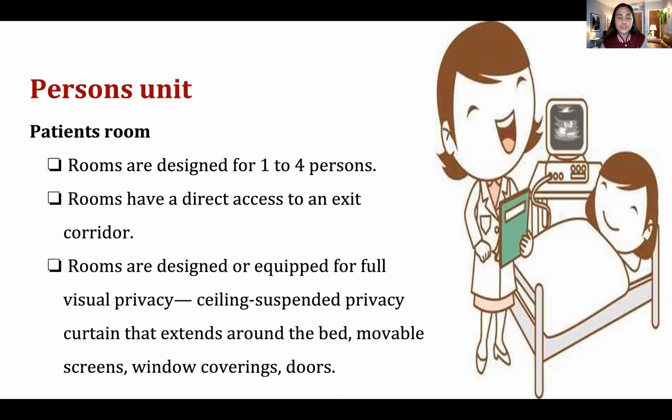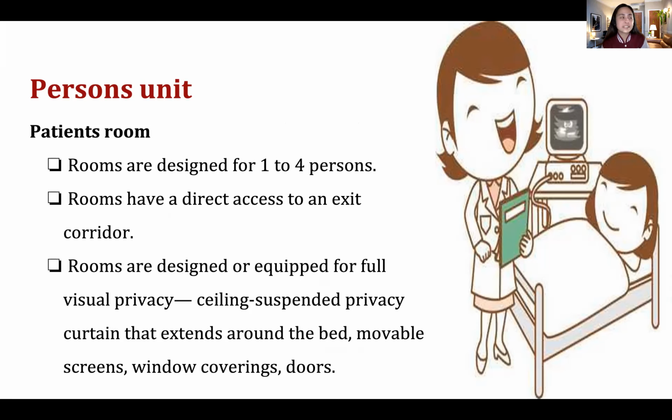So in the patient's unit, we need to make sure of these things to ensure that your patient will be comfortable. If the room is a semi-private room, it should only have 1 to 4 persons.